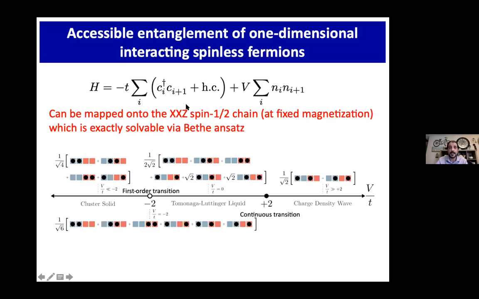That model can be mapped onto the XXZ model, with one extra condition that one needs to fix the magnetization. But the total magnetization is fixed because of the fixed number of particles that we are considering, so conservation of the number of particles is applied here as well.